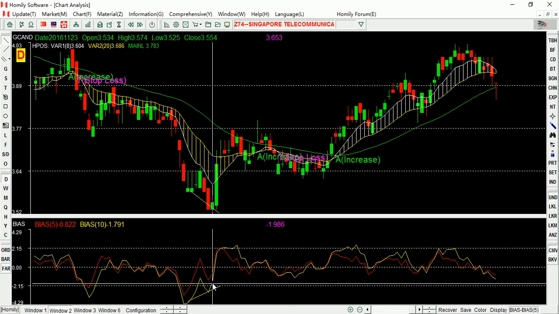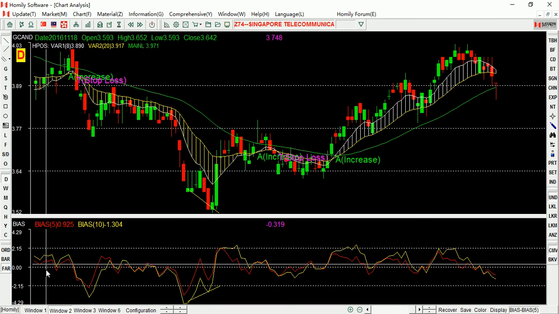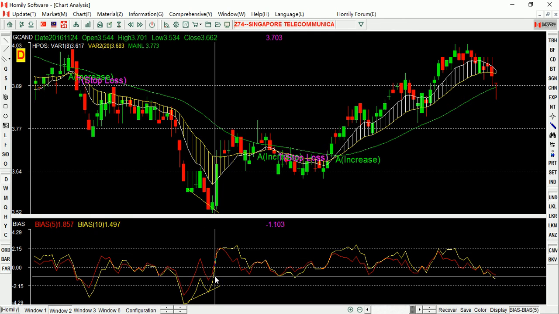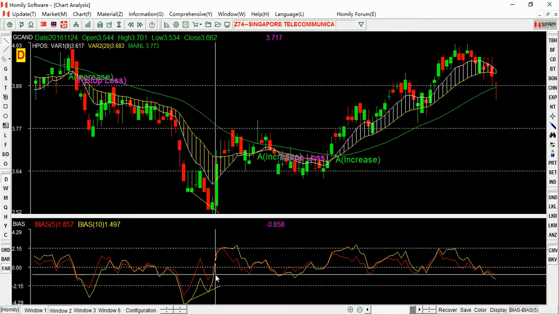Or if you don't know, use the upward cross of the 0. So here is the buy point. Because some stocks have the BIS at -5 or -10, but some stocks don't. If the stock doesn't have the -5, you go according to the 0.